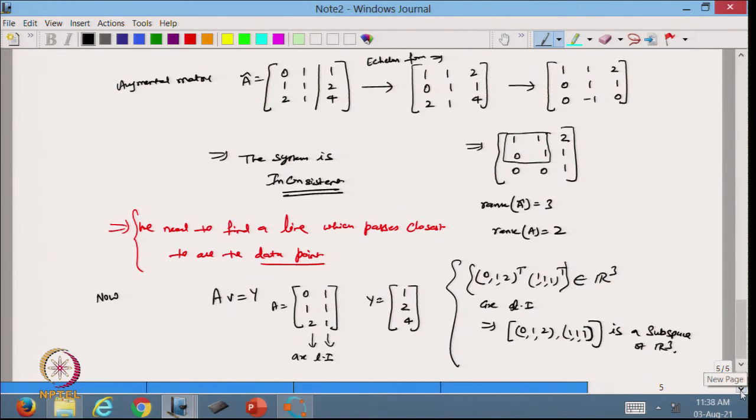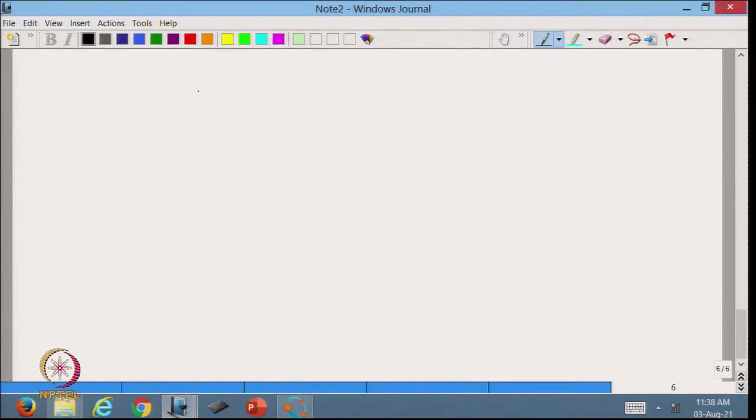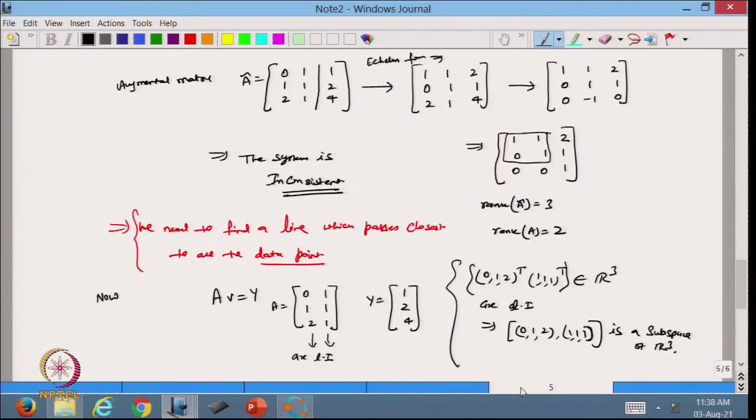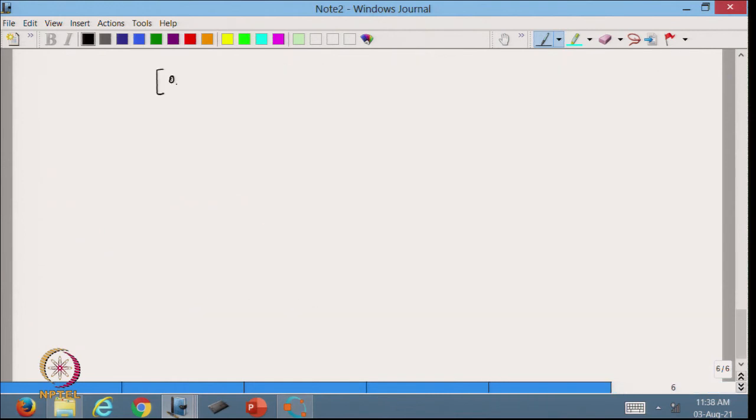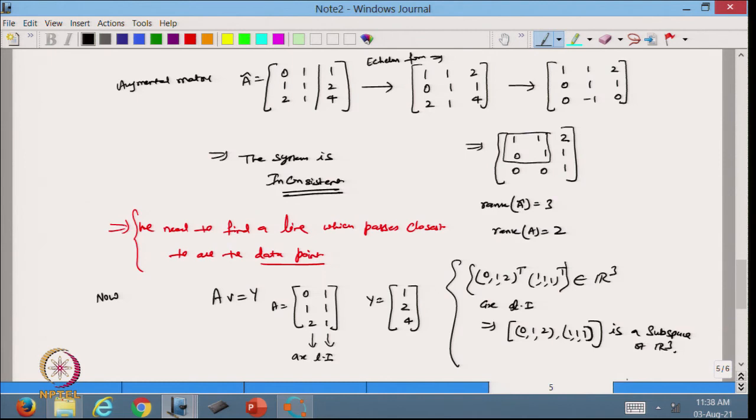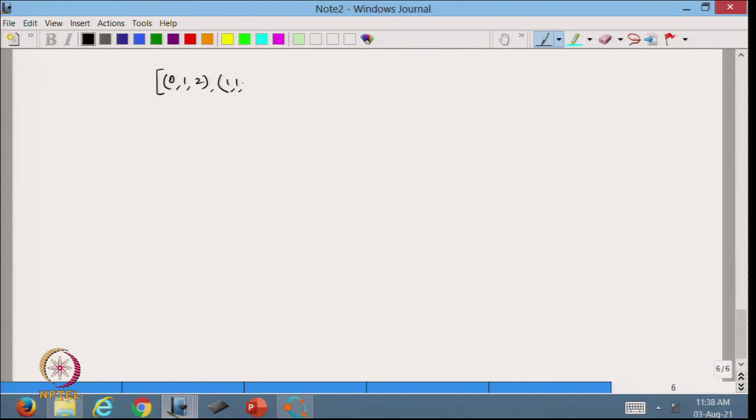Now, if you see from here, this is a subspace: the vector 0, 1, 2 and 1, 1, 1 are linearly independent, and their span is a subspace of R3.